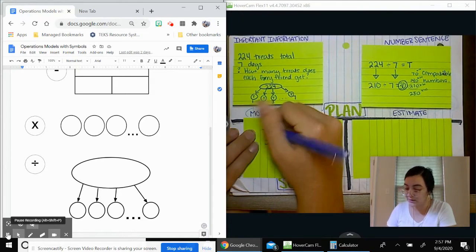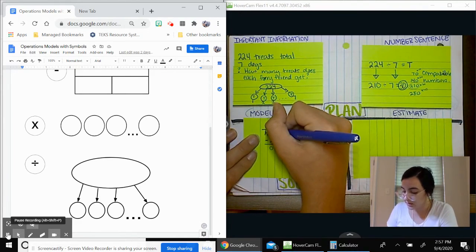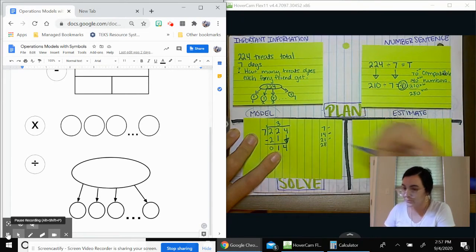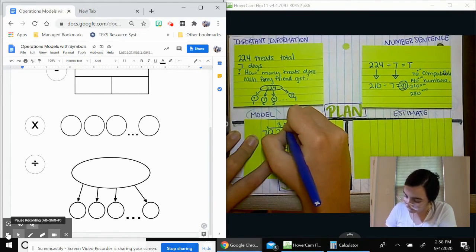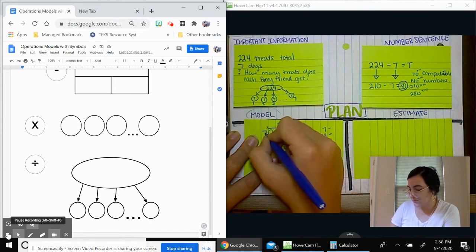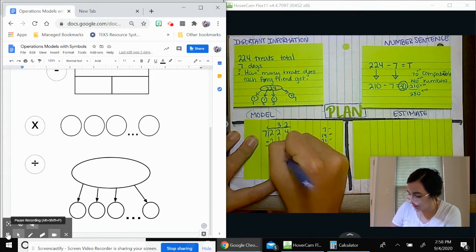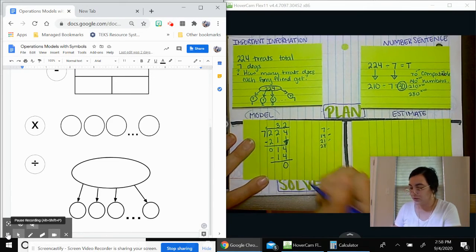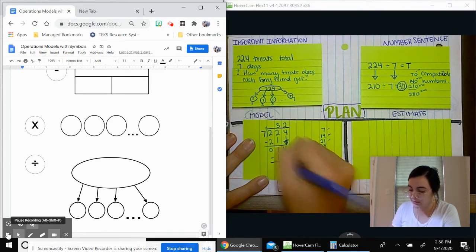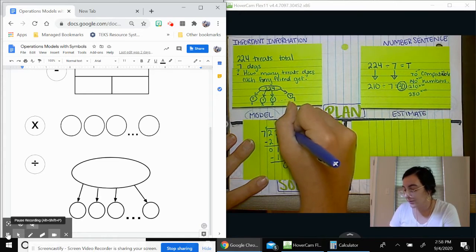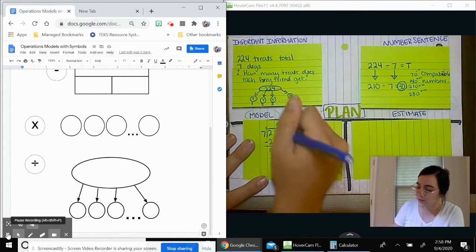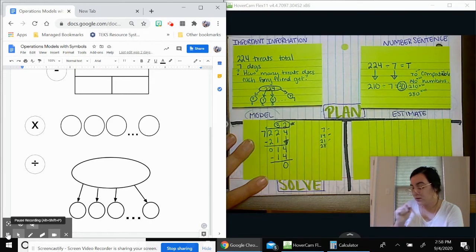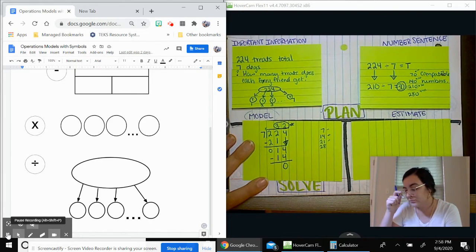And then I divide again. 7 goes into 14 how many times? 1, 2 times. 7 times 2 is 14. When I subtract, I get nothing for my remainder. There's nothing else to bring down. So I know my answer should be 32.